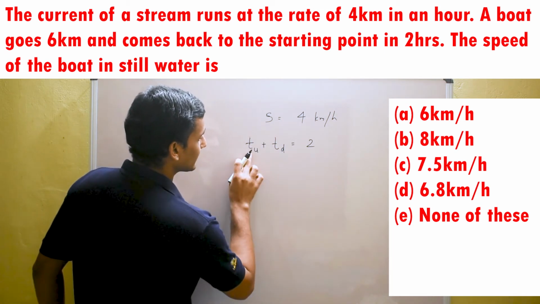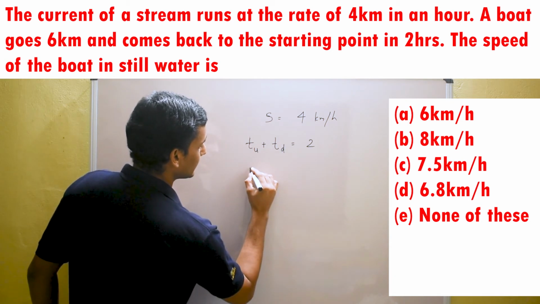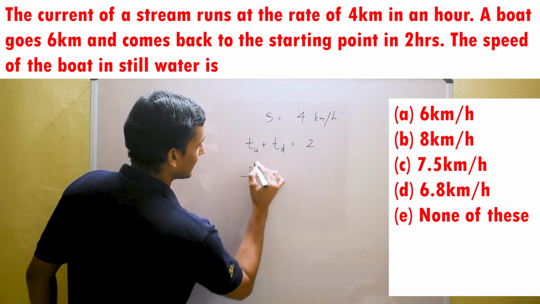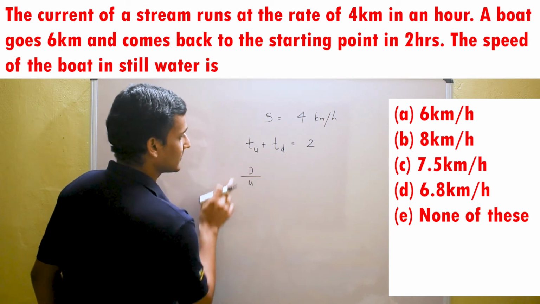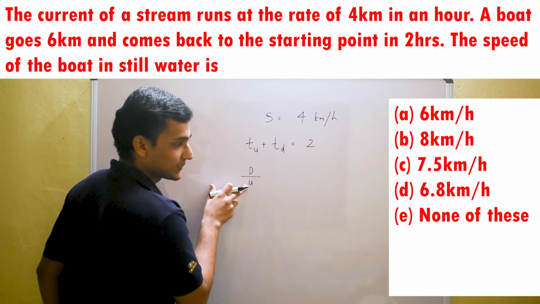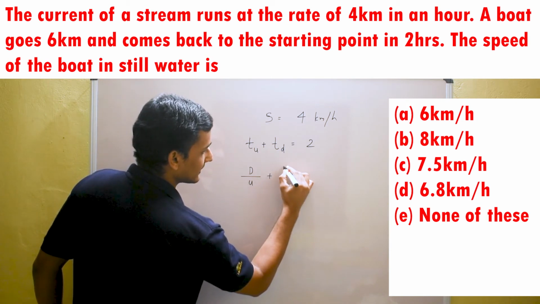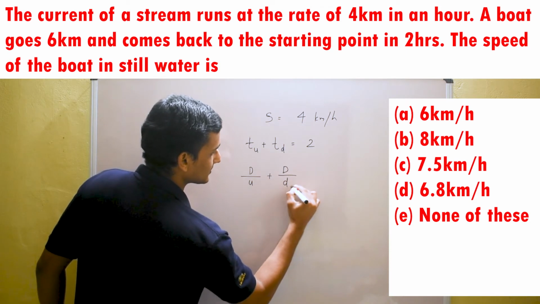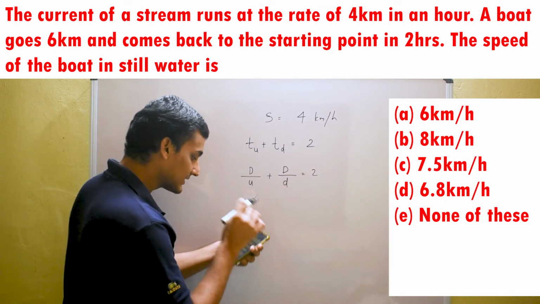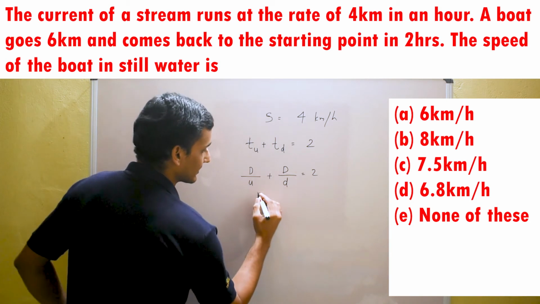So you know that time taken is equal to distance divided by speed. Distance divided by upstream speed plus distance divided by downstream speed is equal to 2. Here the distance is given 6 km.